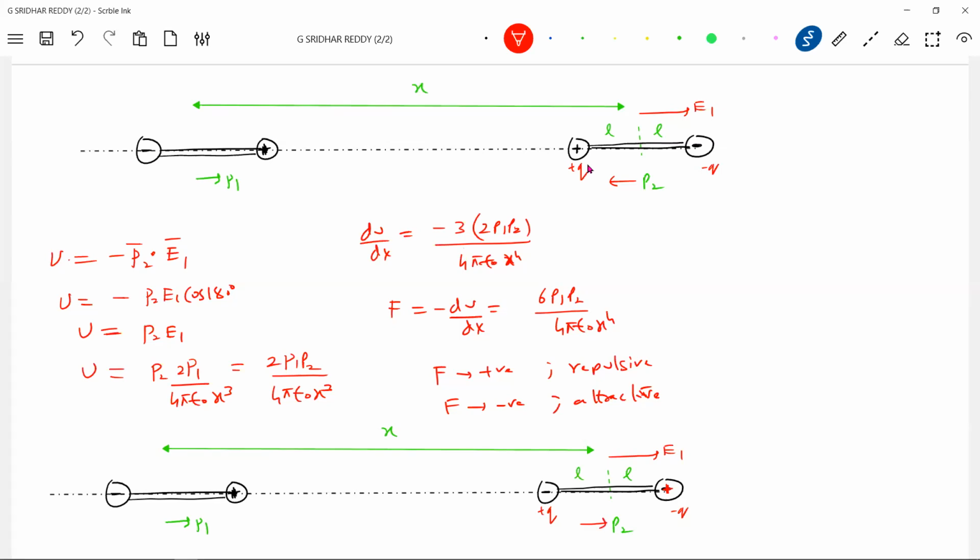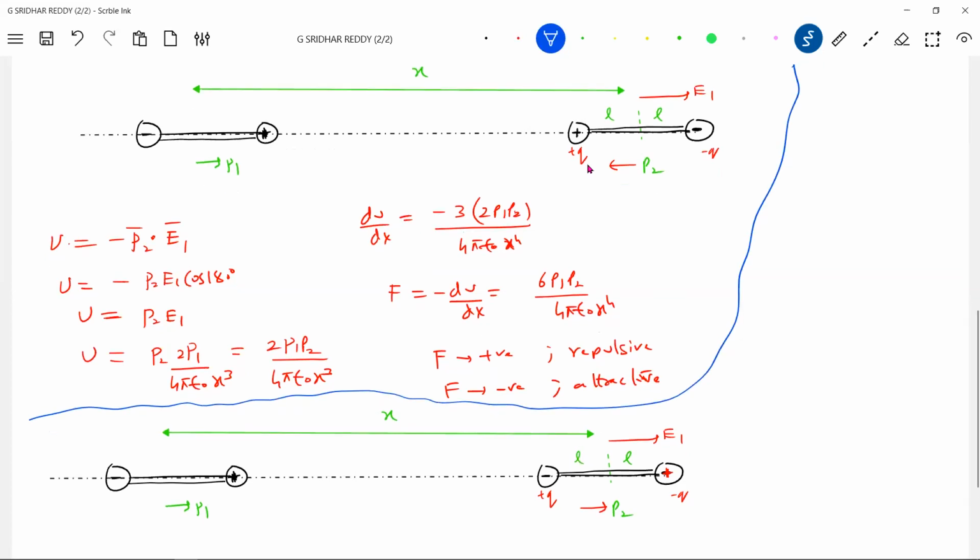Anything now? Yes. What about the force of interaction in this case? It will be attractive, no? F will be negative.